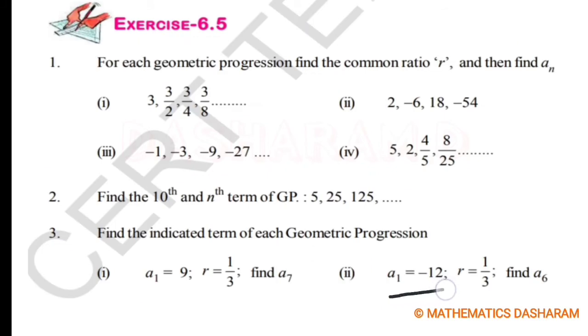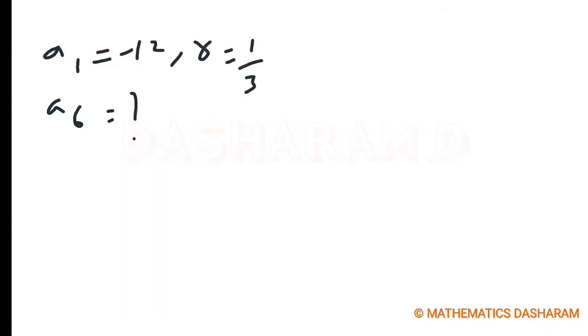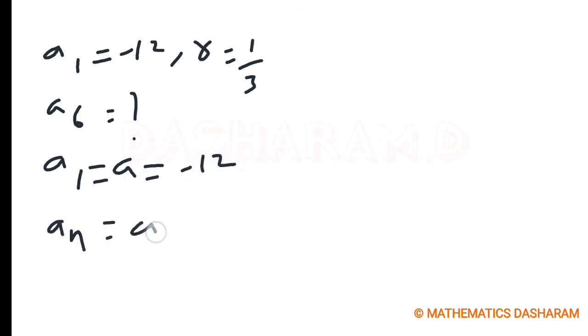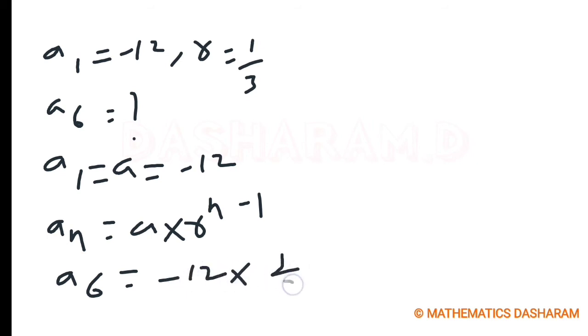Next, the second problem: a1 equals minus 12, r equals 1 by 3, find a6. Here a1 is denoted with a, so it equals minus 12. Now I am using the formula a into r to the power of n minus 1. So for a6, the a value is minus 12 and r equals 1 by 3, whole power n value 6 minus 1.